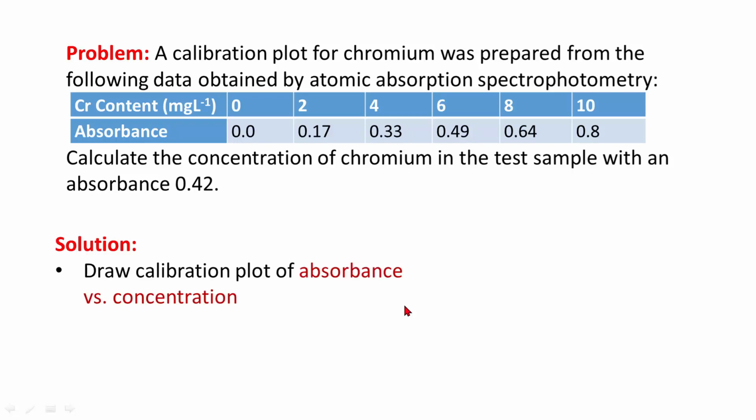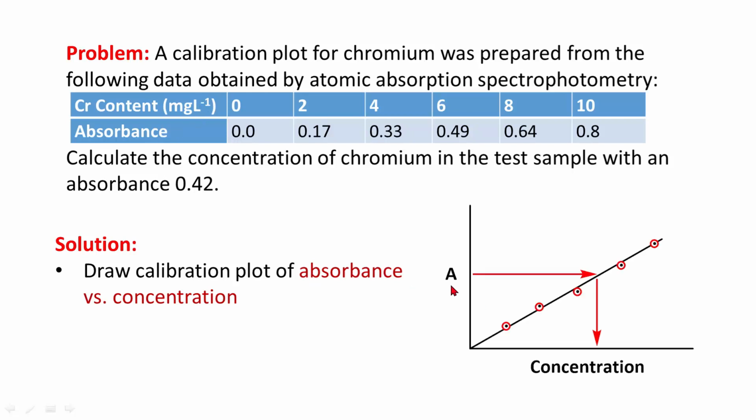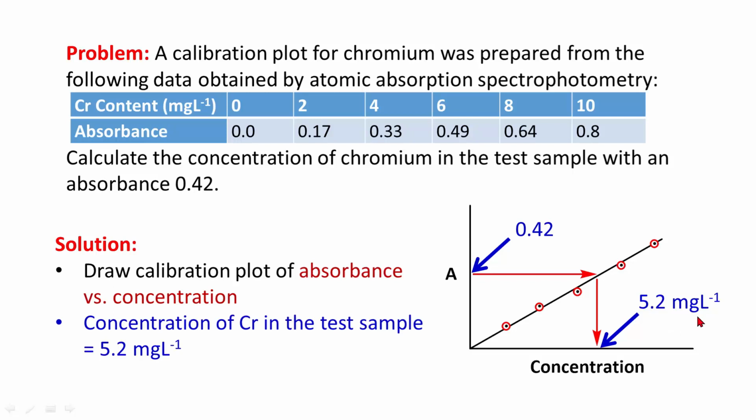Solution is, one has to draw the calibration plot of absorbance versus concentration. This is the calibration plot. This is the absorbance of the unknown. This is extrapolated, and in this way one can find out concentration of unknown from the graph.